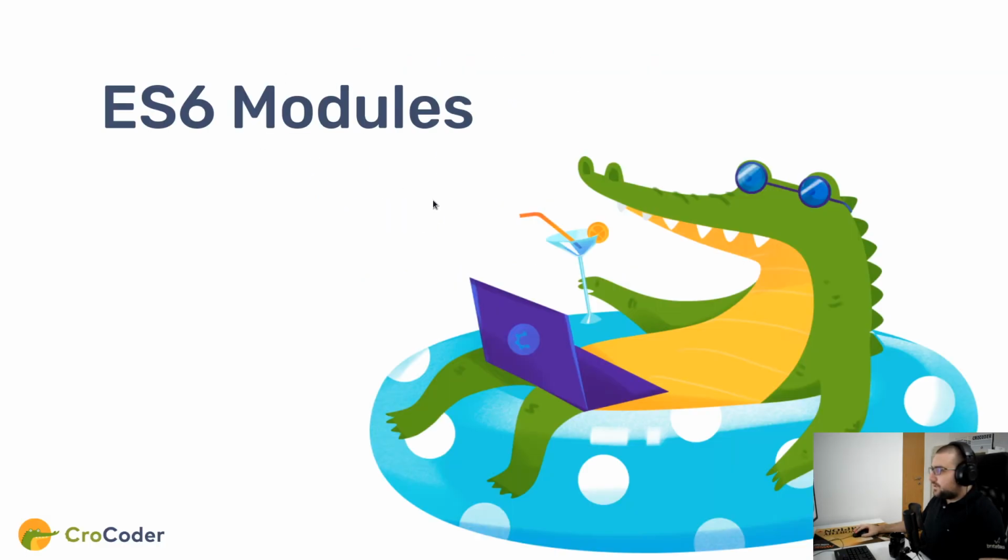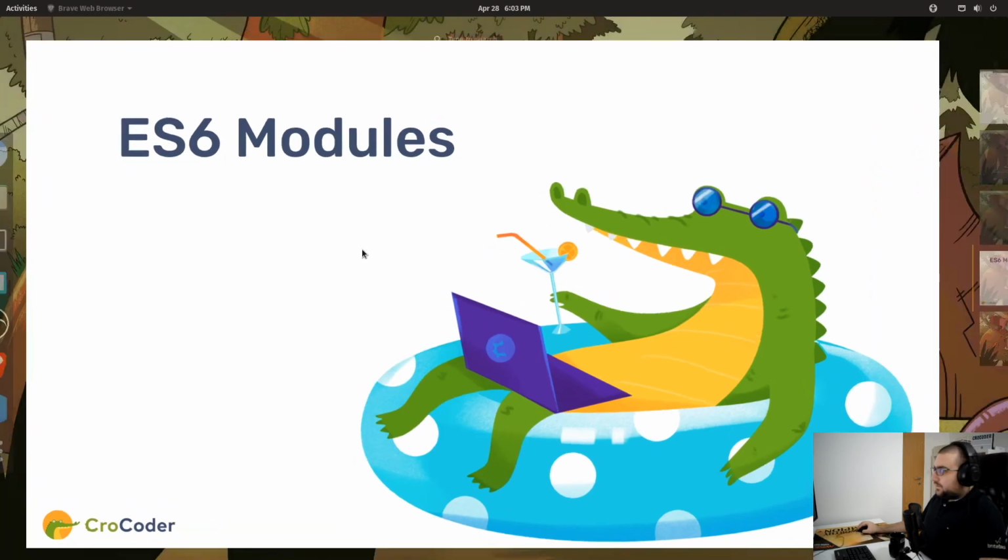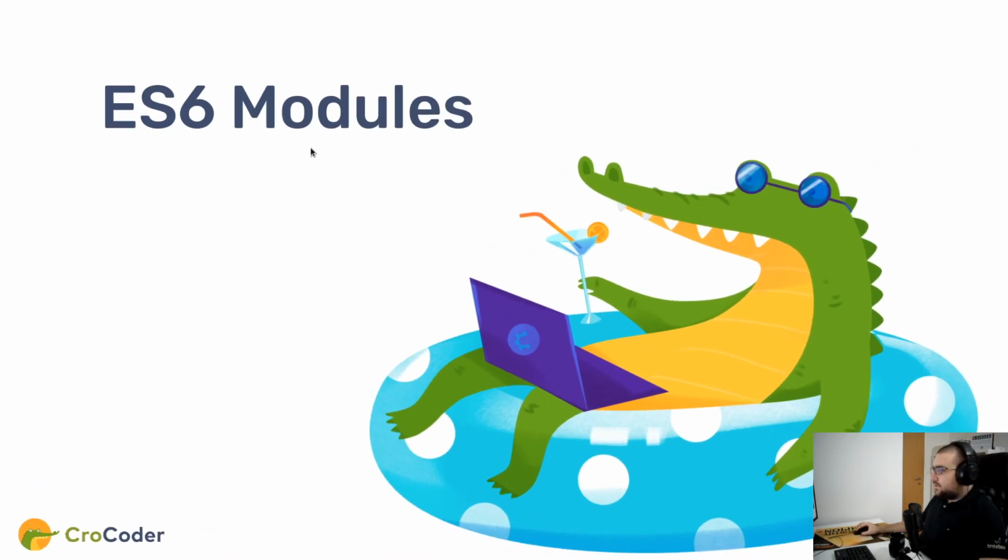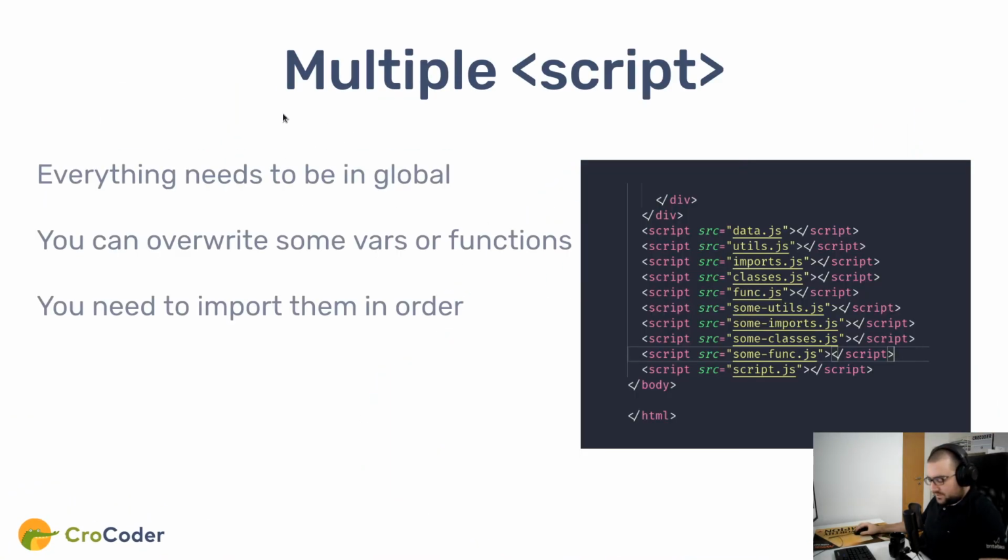So, let's talk about ES6 modules. Last time, I think Toril asked me how can we get something from a script called data.js into our script called script.js?